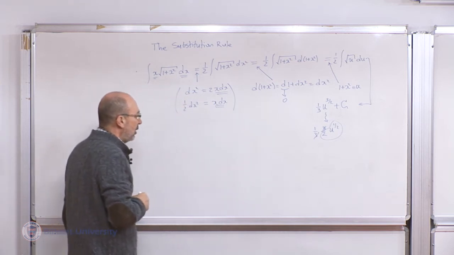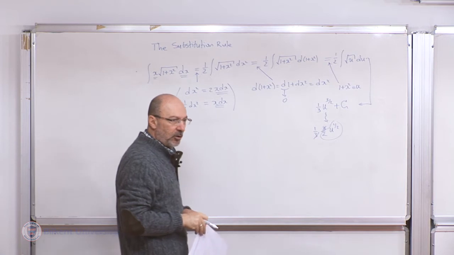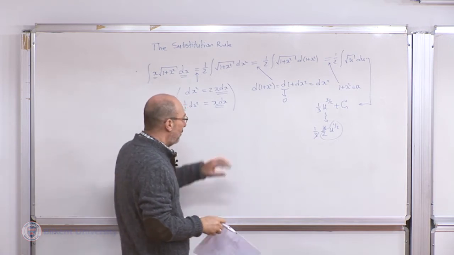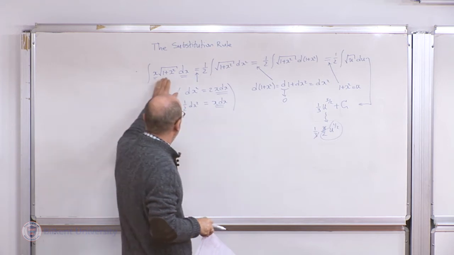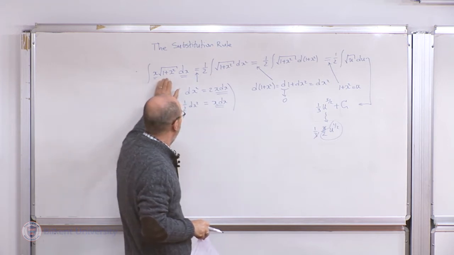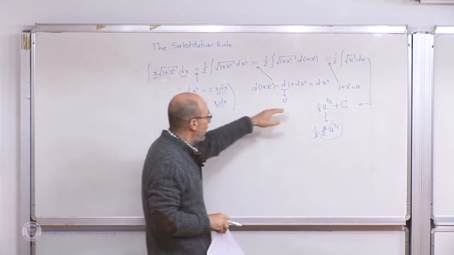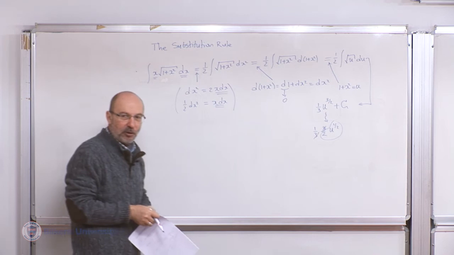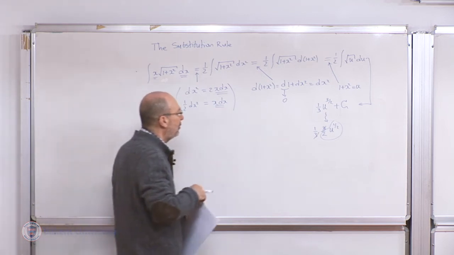Okay, now one is tempted to stop here because suddenly we got rid of the integration sign, but we try to remember what we started with. We started with this thing. We wanted to find a function whose derivative is equal to this. Well, this is not a function whose derivative is equal to this, algebraically speaking, because it's a function in u, this is a function in x.